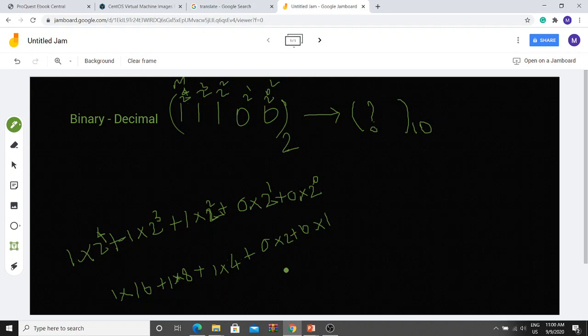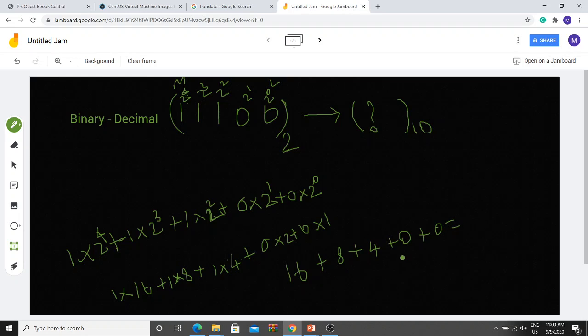So 1 into 16 is 16, plus 1 into 8, 8, plus 1 into 4, 4, plus 0 into 2, 0, plus 0 into 1, 0.